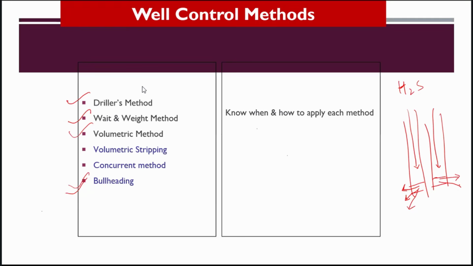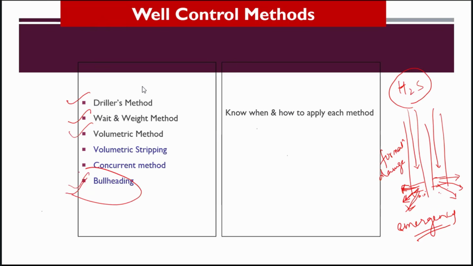This is done only in emergency. This is not a usual procedure. You only do this in emergency, because whatever debris is inside the well will also go inside the formation and your formation can be damaged permanently. We don't want to do any formation damage. So this method, bullheading, is done in emergency.